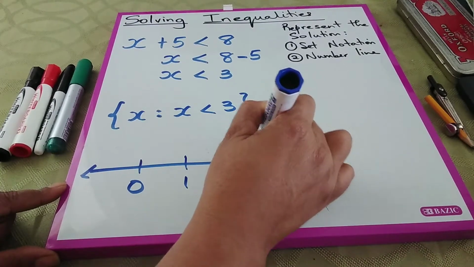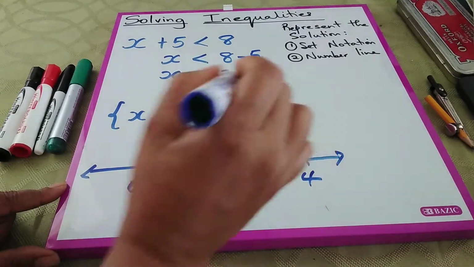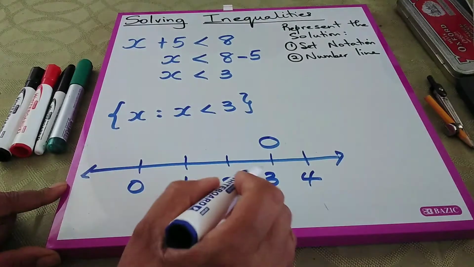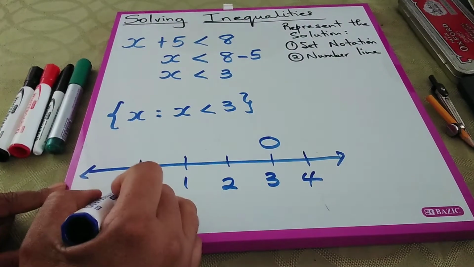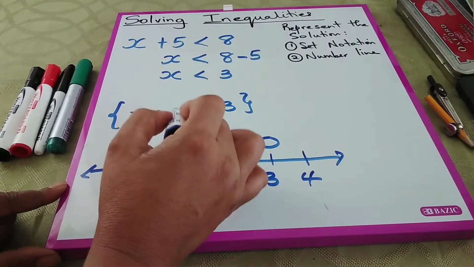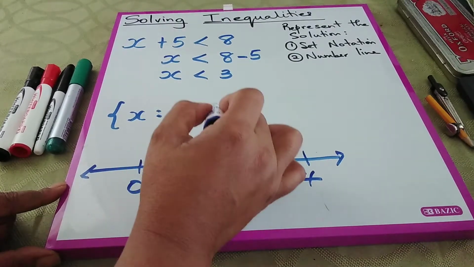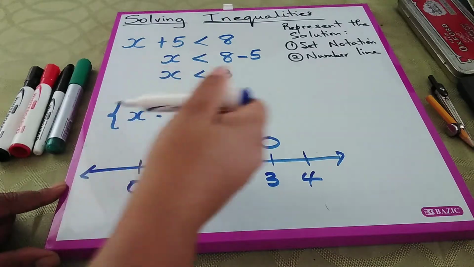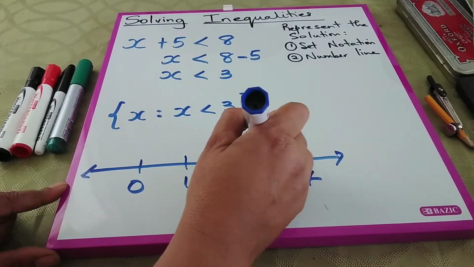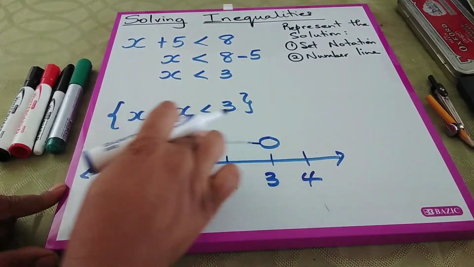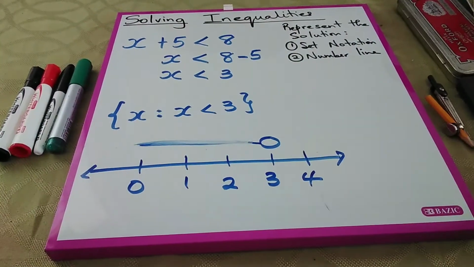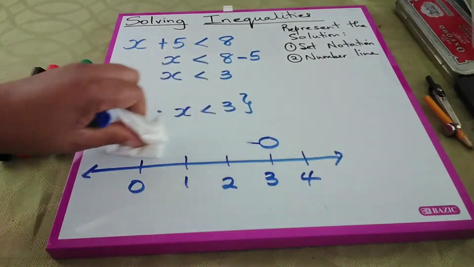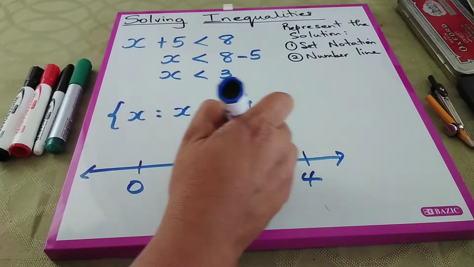So you put this here. And what are the values less than 3? They are 2, 1, 0. So once the x is on the left-hand side of the inequality sign, and the inequality sign is pointing that direction, then your line will be going in that direction.